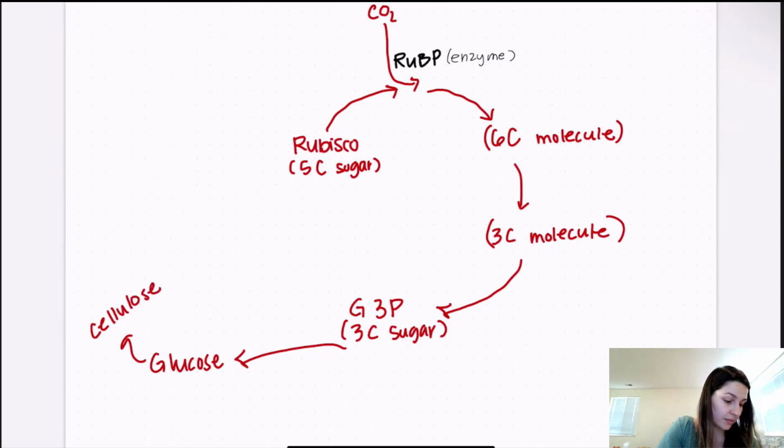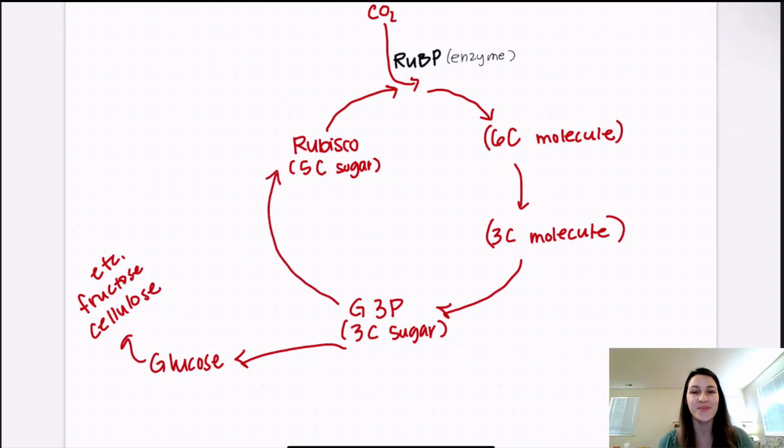Maybe it can become fructose, etc. Whatever other sugars that it needs to become. One of those G3Ps makes glucose, but the other G3Ps get made into rubisco. That's why it's a cycle. And this cycle, remember, is called the Calvin cycle.